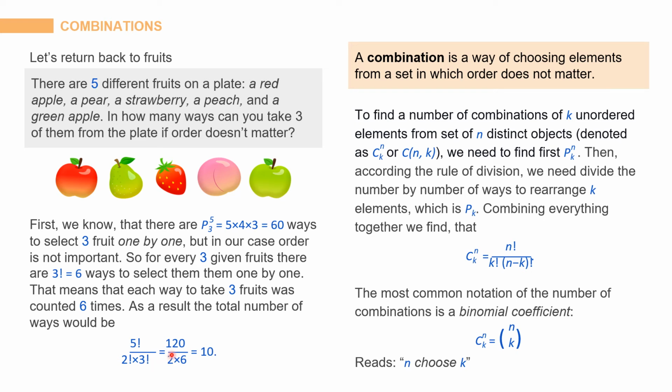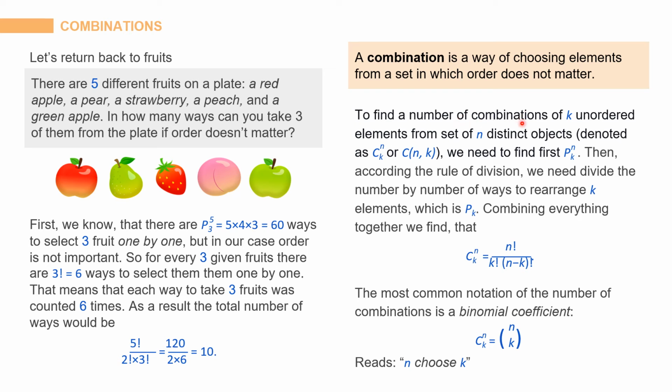So we get 120 divided by 12, or 10 ways to pick 3 fruits from the plate if order didn't matter. So a combination is a way of choosing elements from a set in which order does not matter.